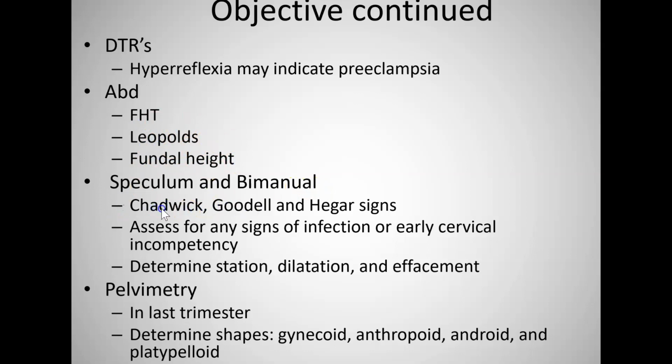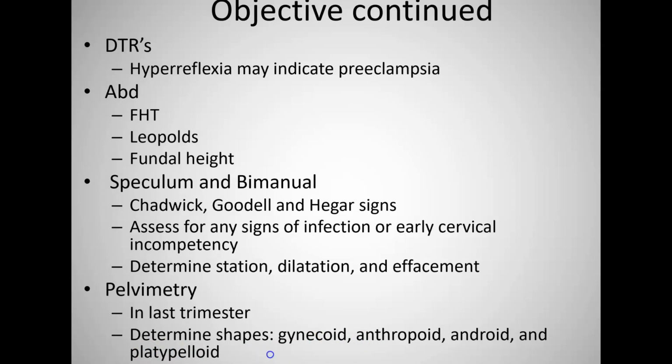You want to look for all the different signs, the Chadwick, Goodell, and Hegar signs that we detected. And then in the last trimester, you want to look and determine the shape. In the book, they have, and I think I have it on this slide too, different shapes.